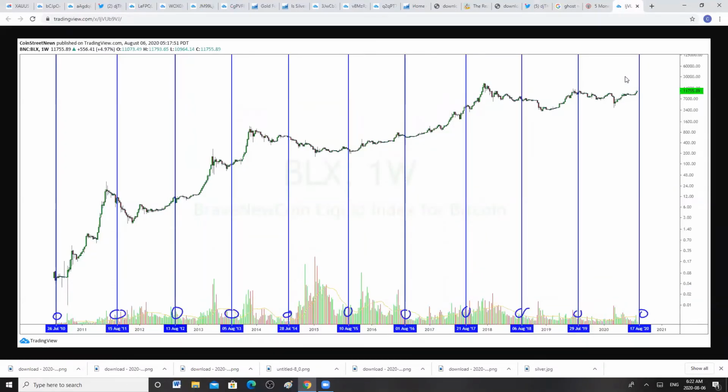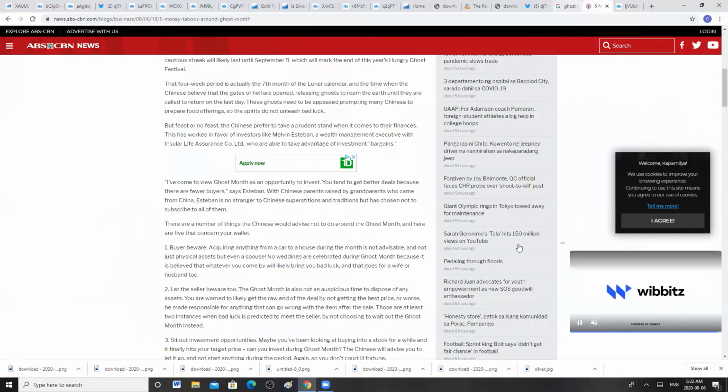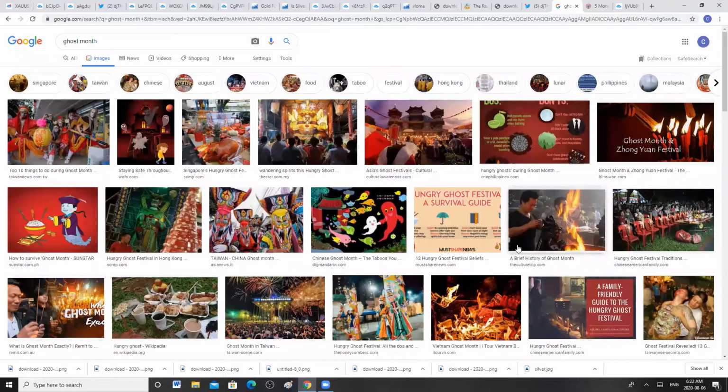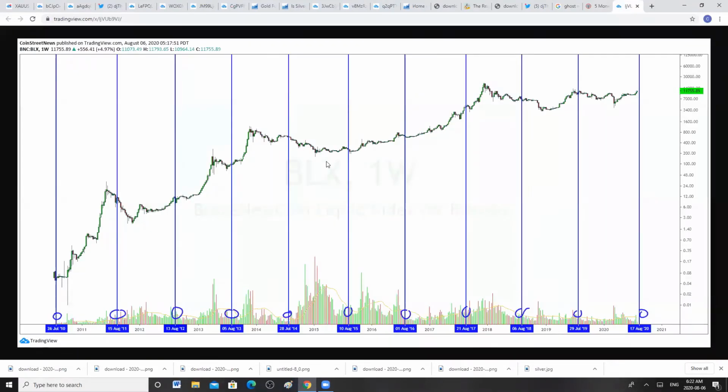But it also should mean something to you just as a trader. Multiple Asian countries follow this, it's not just Chinese people. You see it in Taiwan and Philippines, etc. So they follow it. They want to be less invested going into it, and they want to then pile on afterwards.